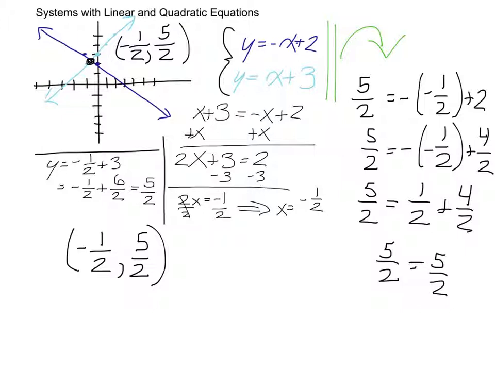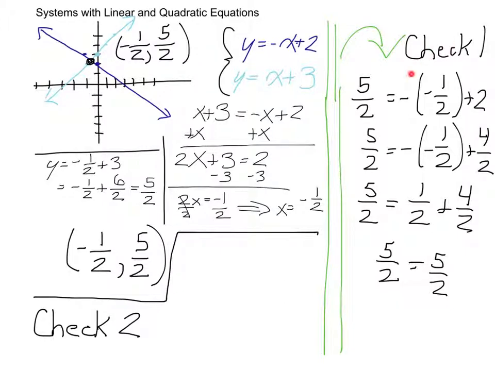So now let's verify that the second equation is true. So I'm going to call this process check 1. Now I'm going to check that second equation. So is it the case that 5/2, substituting that 5/2 in for y, is equal to negative 1/2 plus 3?